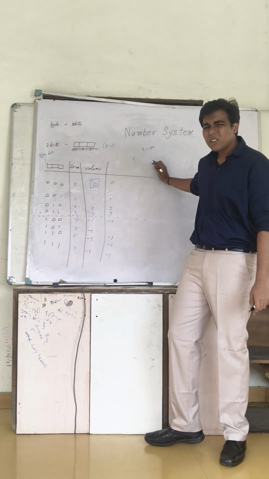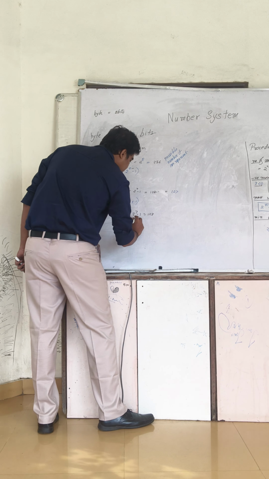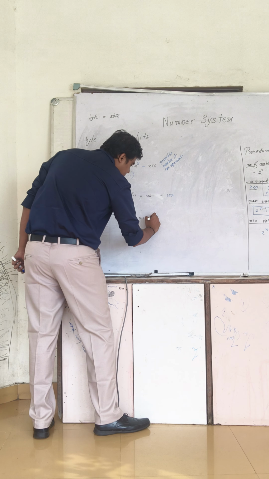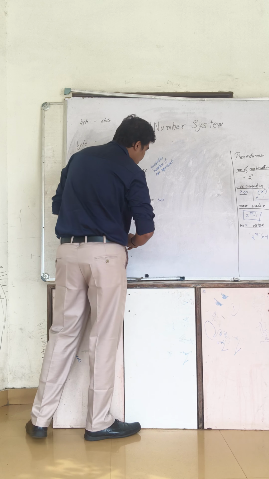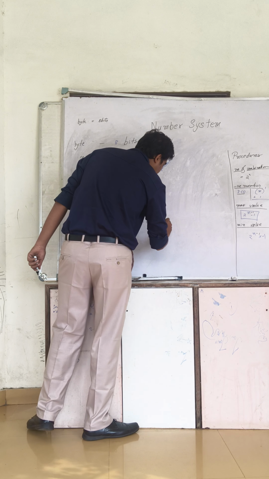Well, 2 to the power 7 is 128. 128 into negative 1 comes to negative 128.